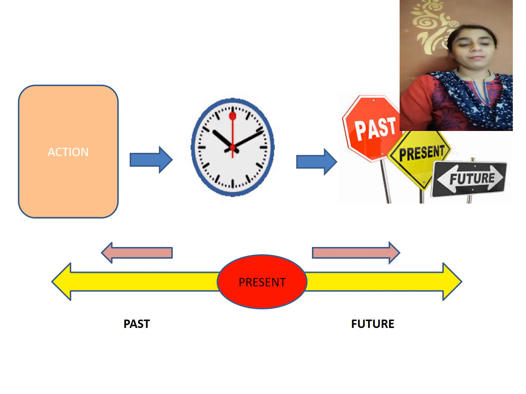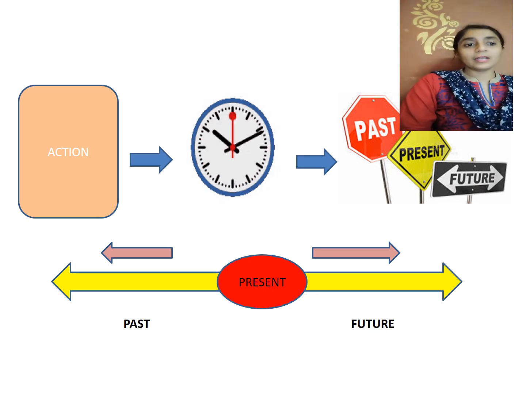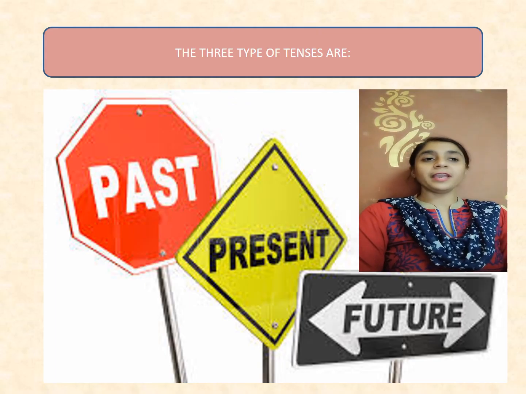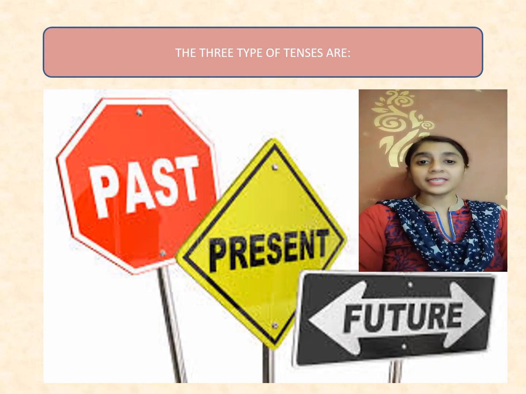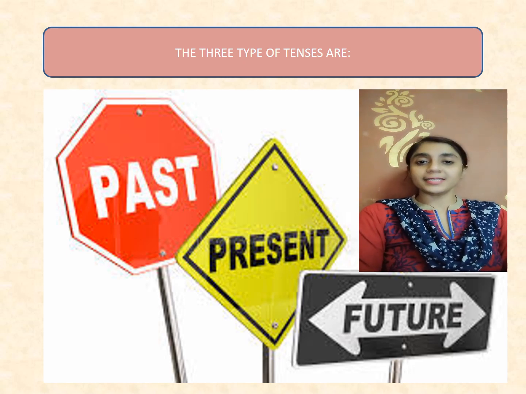In the timeline presented in this slide, you can see the circle represents the present time, and the line left to the circle represents the time that has already passed, and right to the circle is future time.